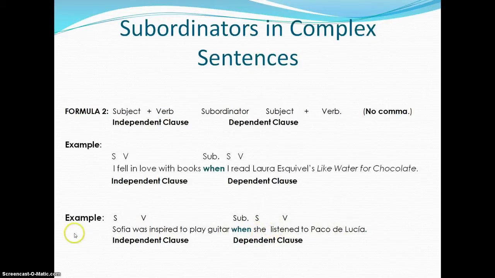Again, it's that idea that I'm trying to share with you, and you can also try to look for in writing. We have this independent clause and also the dependent clause. It is like a fraction in writing. It would be incomplete if you only saw this; if somebody wrote when she listened to Paco de Lucia, that is a dependent clause. It's a fragment.